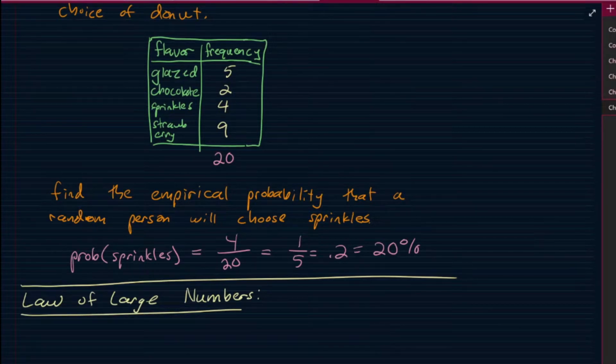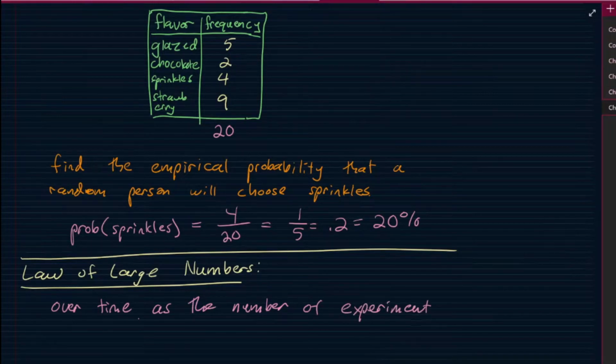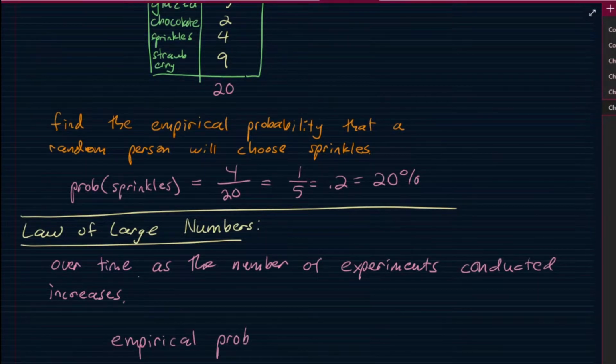But it basically says that over time, as the number of experiments conducted increases, we've got that the empirical probability approaches the theoretical or classical probability.